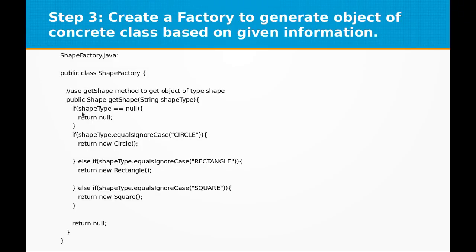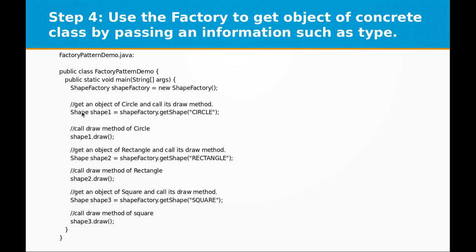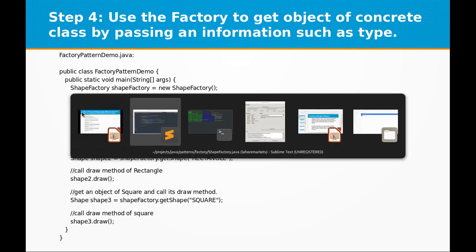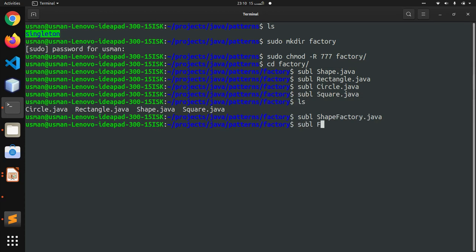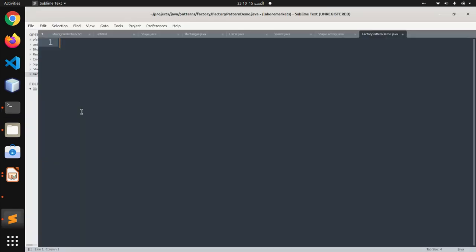Save the file, and let's move on to step 4, which is the last step in this lesson, and we are going to use the factory to get an object of a concrete class by passing information such as type. This class will be called FactoryPatternDemo.java, public class FactoryPatternDemo.